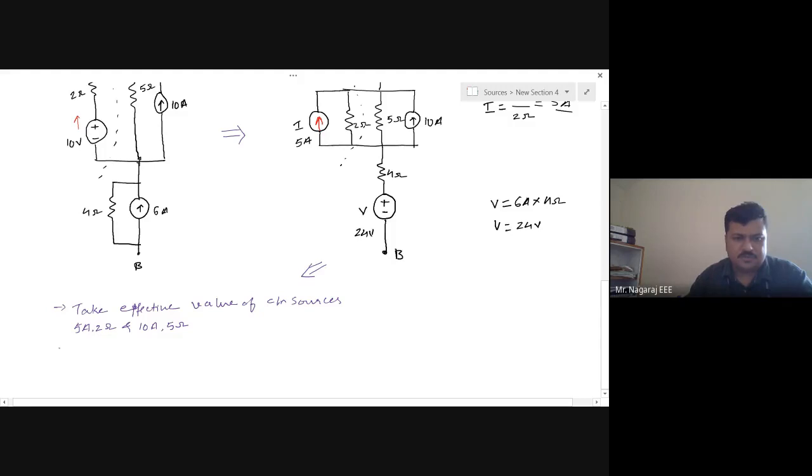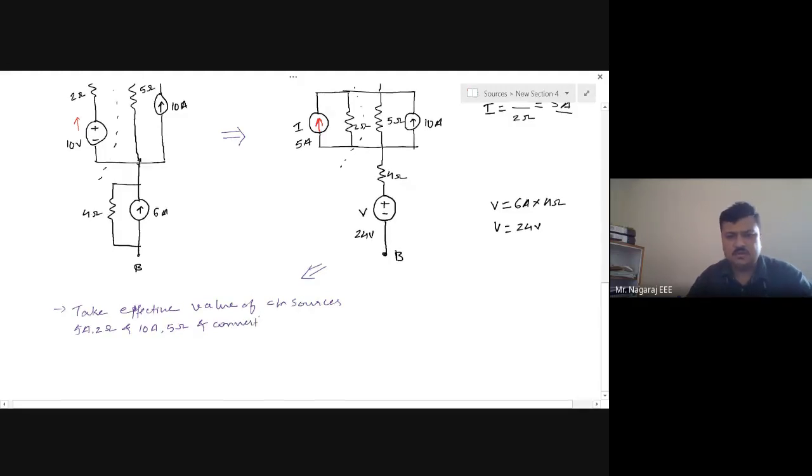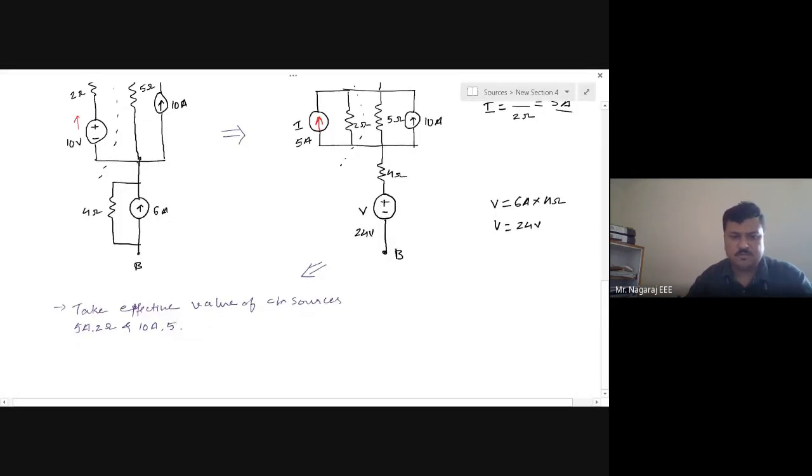This is the first step, and the conversion we'll look into later. Let us not worry about that now. First we'll do that.